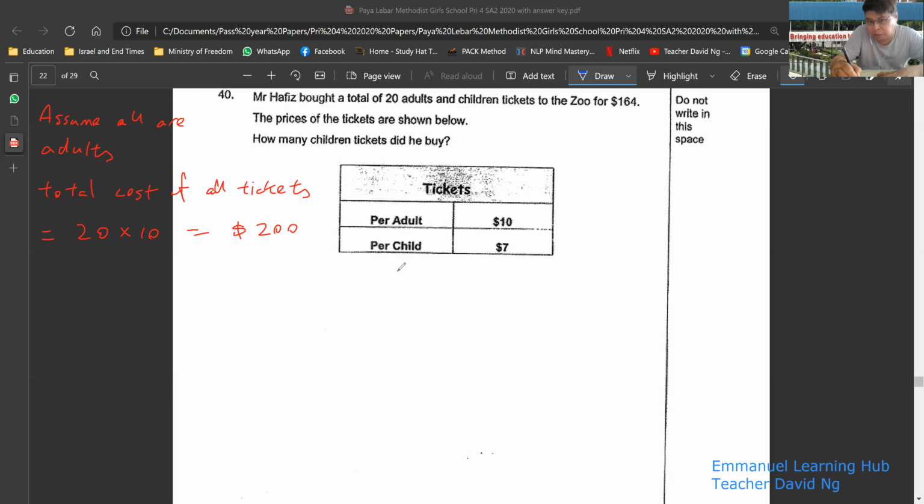Okay, that's provided all are adults. But in reality, not all are adults, right? Because in reality, it is $164. So the next step is total difference. Okay, total difference: 200 minus 164.